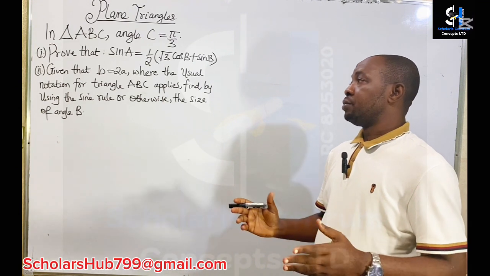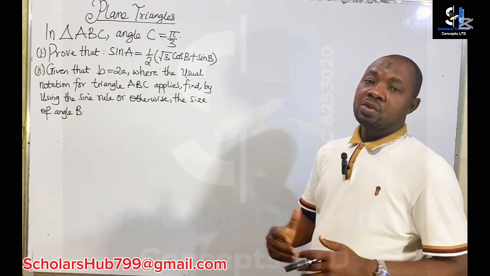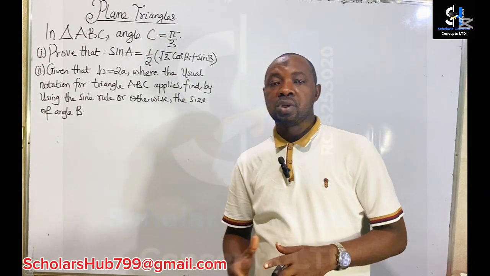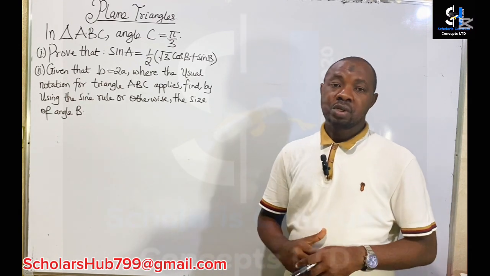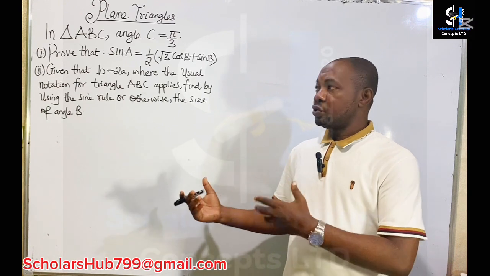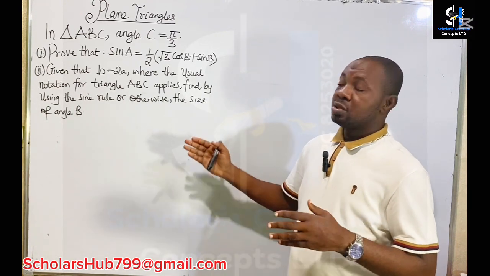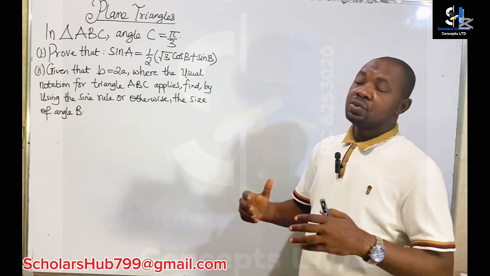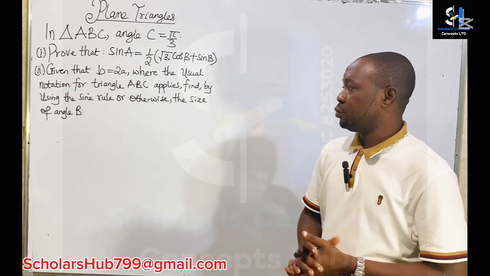Now to solve this question, we can use either the sine rule or the cosine rule. But which is best out of these two rules? The sine rule, because when I solved the question, I found that using the cosine rule will be time consuming, but using the sine rule is not going to take much of our time.